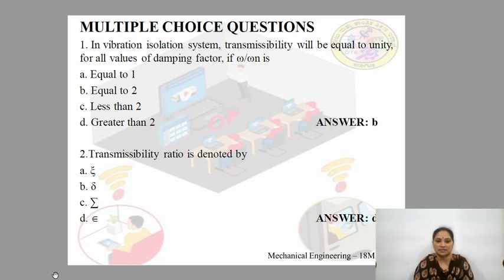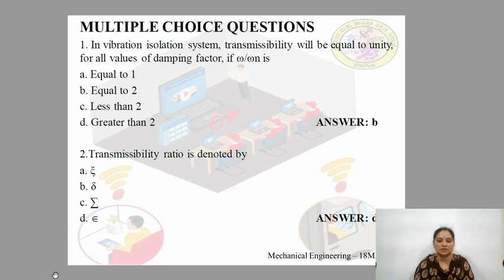As we discussed, vibration isolators are those which try to absorb the excessive vibrations, and the transmissibility will be equal to unity for all values of damping factor if the ratio omega by omega n is equal to root 2. Therefore, the right answer will be option B.